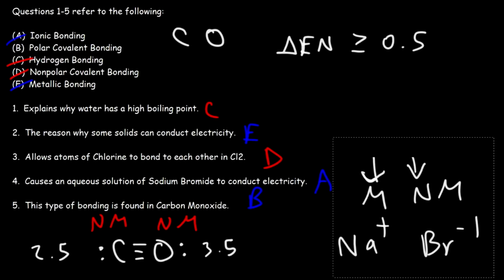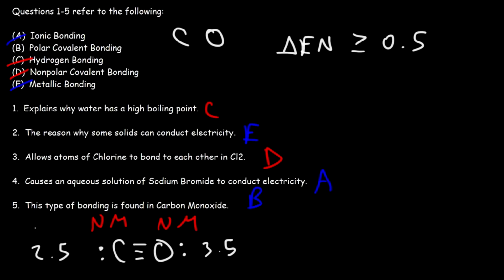If it's 0.4 or less, it's a nonpolar covalent bond. So sometimes you may have a bond with two different elements, but it could still be a nonpolar covalent bond if the electronegativity difference is less than 0.5.